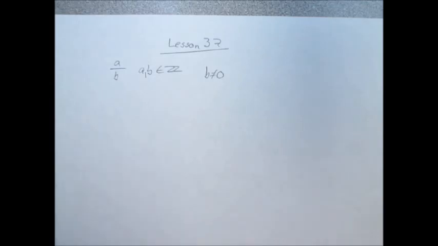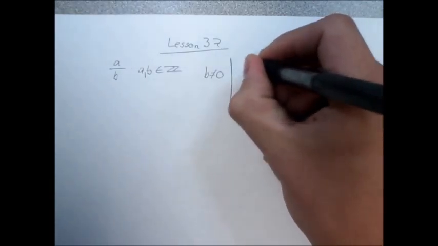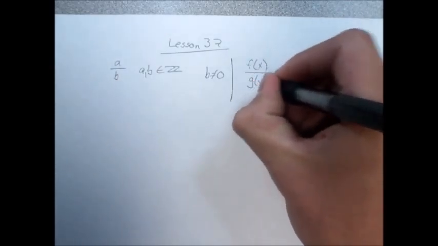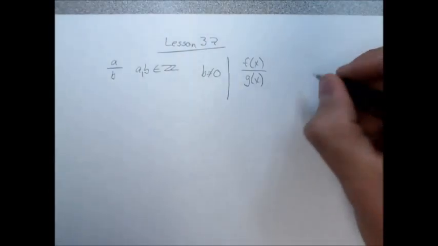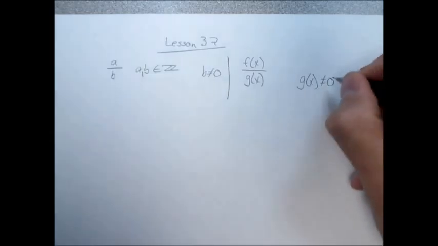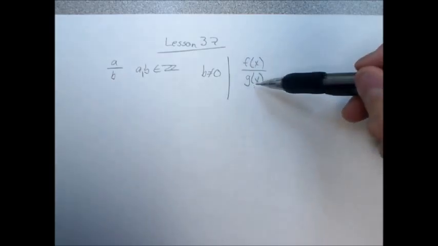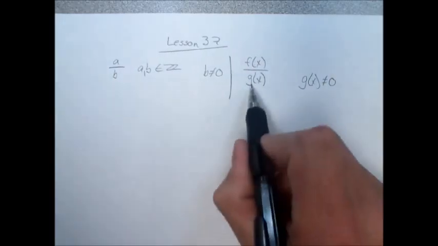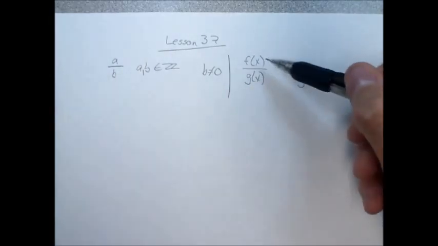Now when we're talking about rational expressions, it holds the same kind of definition, but we're going to talk about something that's a function over a function. And still the same thing stands true here. We cannot have the bottom equal to 0. It cannot happen. So for the polynomial f of x and for the polynomial g of x, where g of x cannot be equal to 0 and g of x is of a degree greater than 1, this would represent a rational expression.